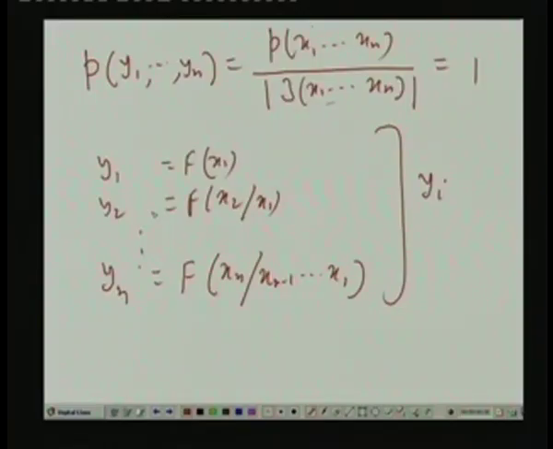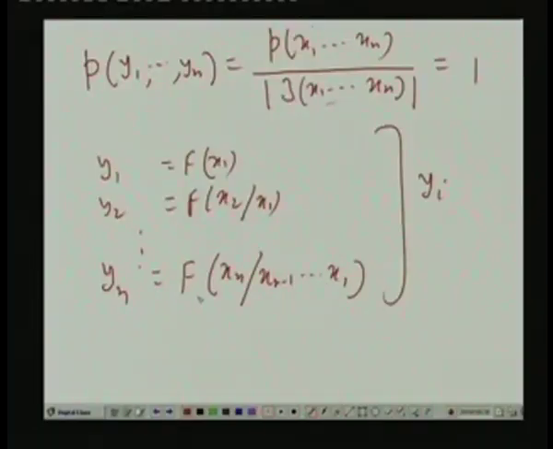So, if you give some specific values of y_1 to y_n and solve for the corresponding x_1 to x_n, you get only a unique solution within the hypercube. Outside the hypercube, no solution, so their probability is 0. Inside the hypercube, you get a unique solution.